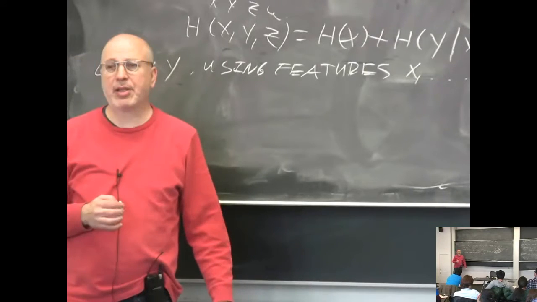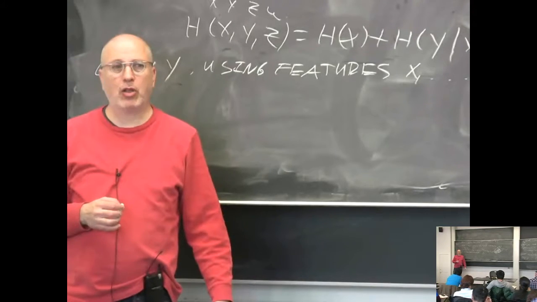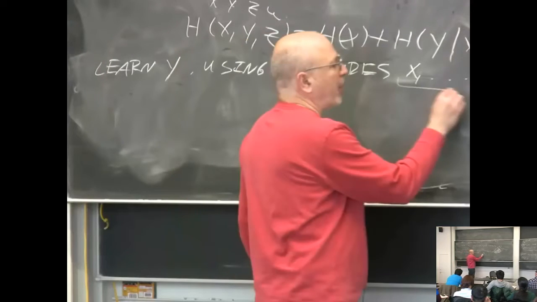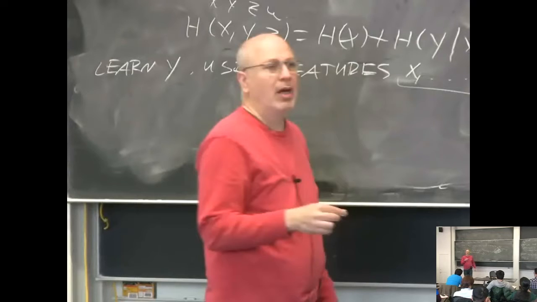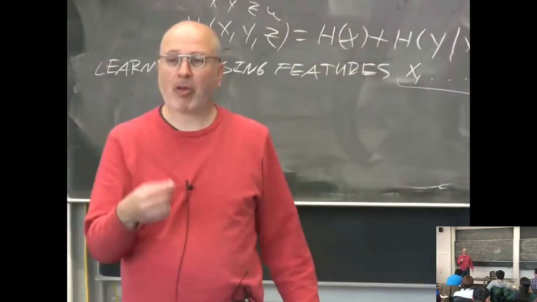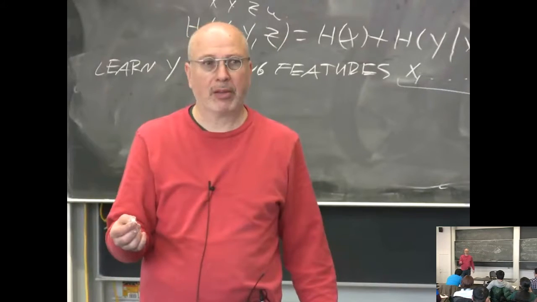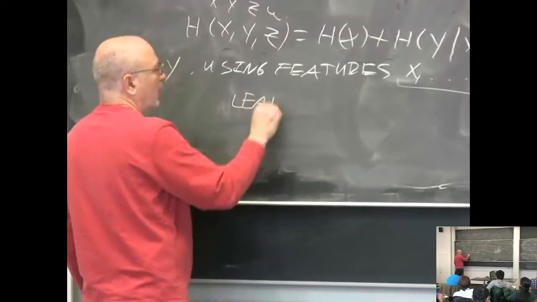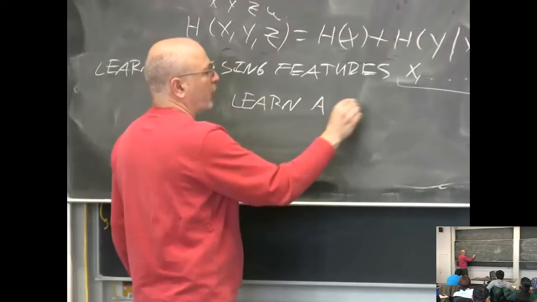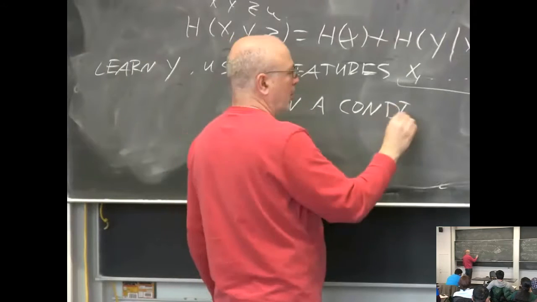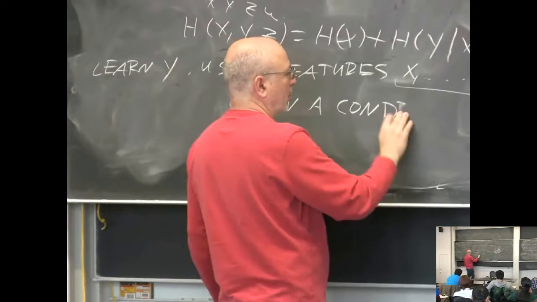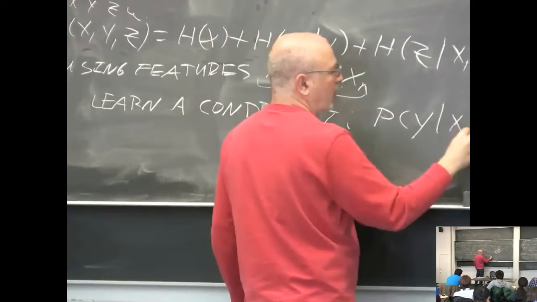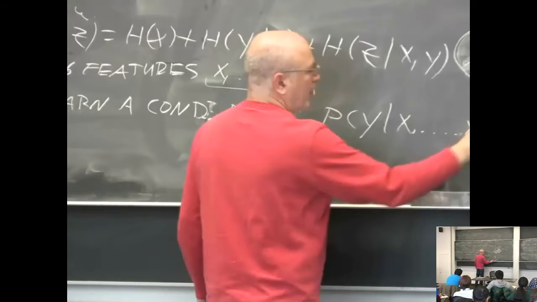And my assumption is that the mapping is not deterministic. Namely, if I'm given specific values for all these random variables, it doesn't determine for me a specific value of y, it determines for me a distribution over y. So I'm effectively trying to learn a conditional distribution, P of y conditioned on x1 through xn.